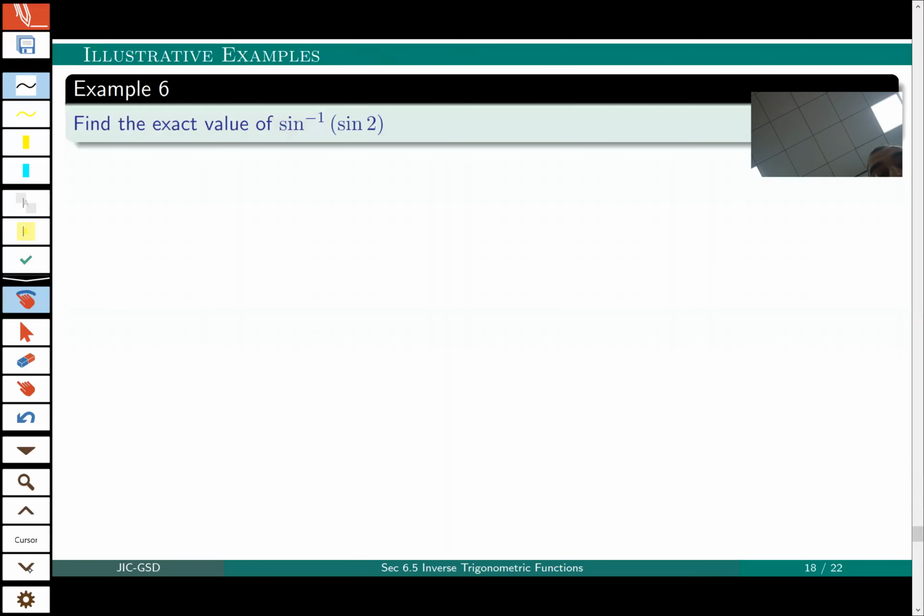Now, if I have sine inverse of sine 2, is it equal to 2? The answer is no, not 2. Why? Because I need 2 first to be between -pi over 2 and pi over 2.